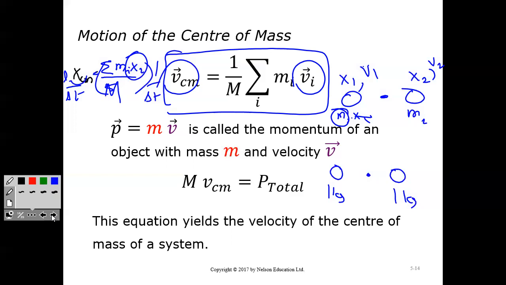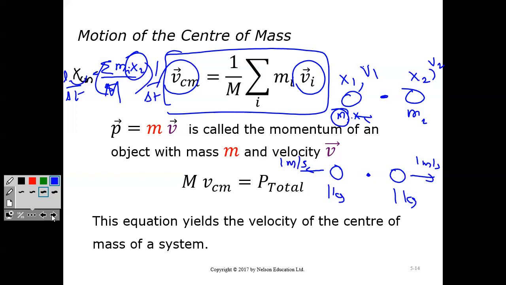Now, let's say this one is going to the left with a velocity of 1 meter per second, and this one is going to the right at a velocity of 1 meter per second. What do you think will happen to the center of mass point? Will it change? No. So the center of mass velocity is 0. Although the individual particles have different velocities, the center of mass point is not moving.